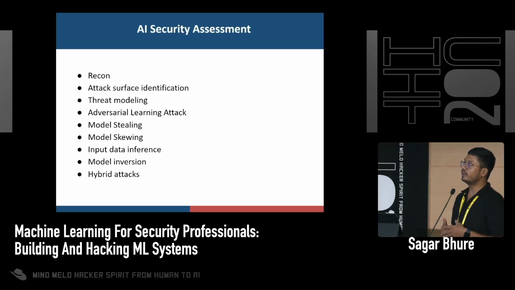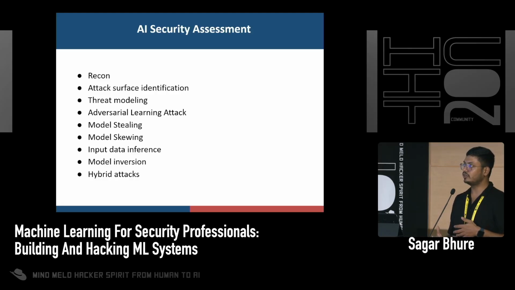Okay, so this is how an AI security assessment should look. I've formulated this based on how a security assessment for any software or web service looks, but with a little difference, since this can be accessed via APIs. API security is obviously a different talk altogether, but you can access models using APIs.